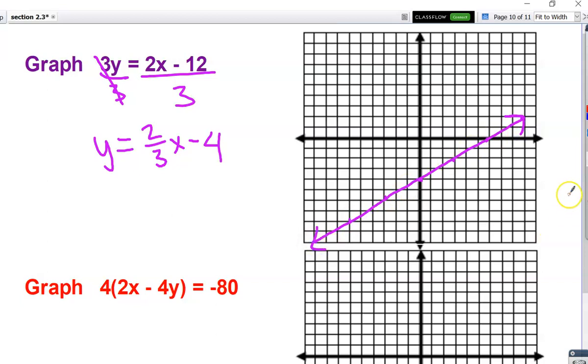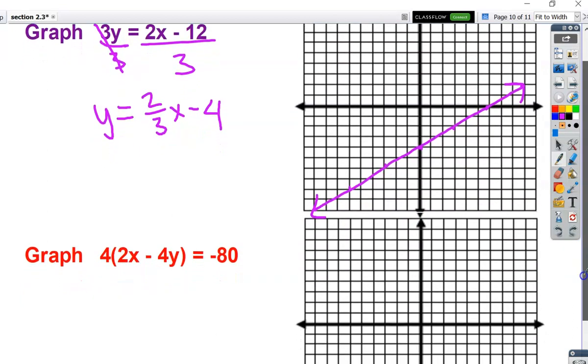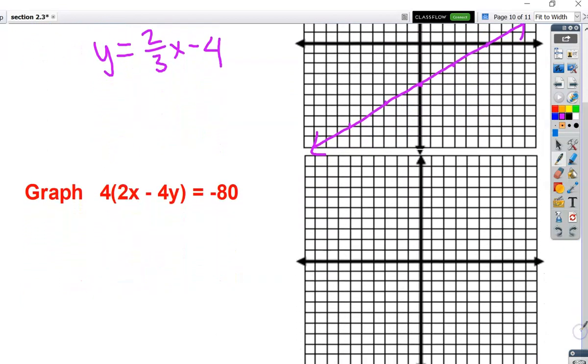And then for the second equation, x and y are on the same side. So it's easier to just get rid of this 4 that's out in front of our equation, divide both sides by 4, and then use the intercept method.